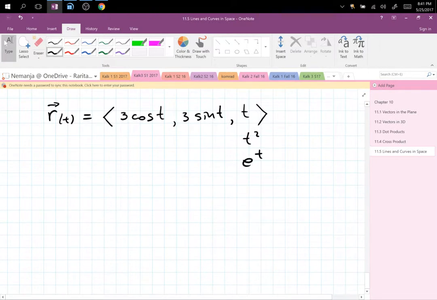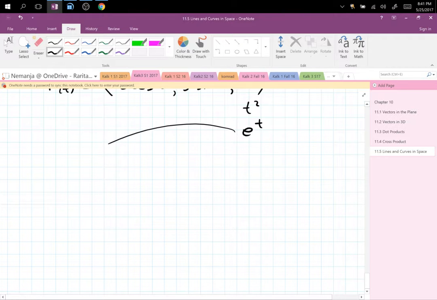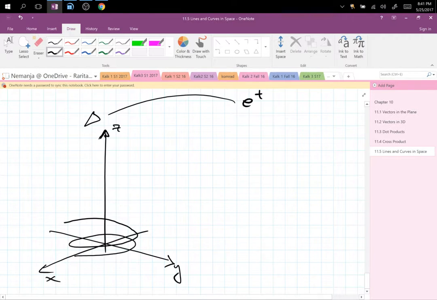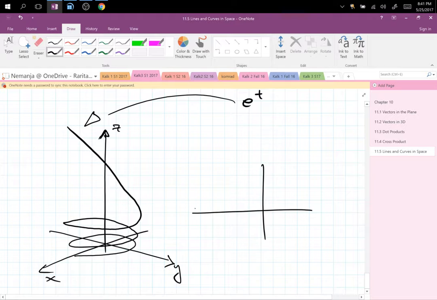I'm not sure how well of a graph I can make, but thinking about this, if I want to start here, it's going to go, because exponential functions are lazy, lazy, lazy, bam, right? That's what exponential functions do.